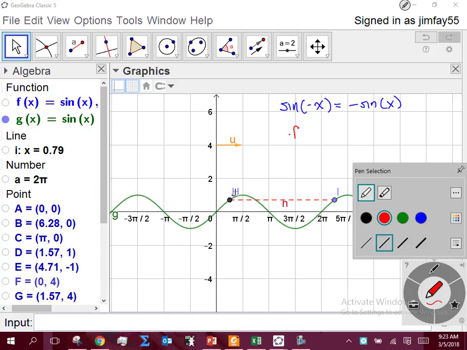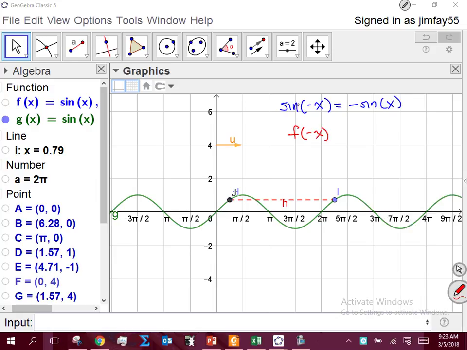We said the f of negative x, which is what we've got going on here, f just being the sine function, right, equal to the opposite of f of x, okay, which is what we got going on here, right? F of x is just a sine function. This was what we referred to as the rule that defines an odd function, okay?